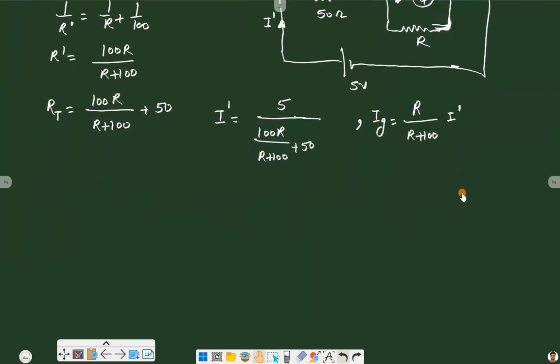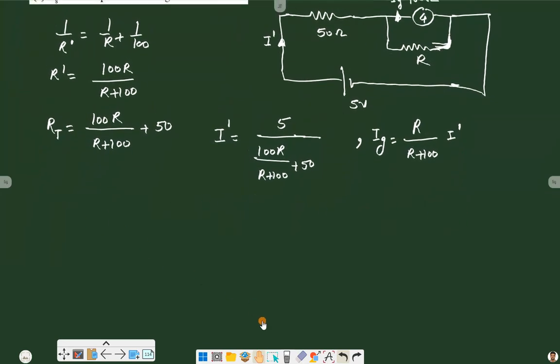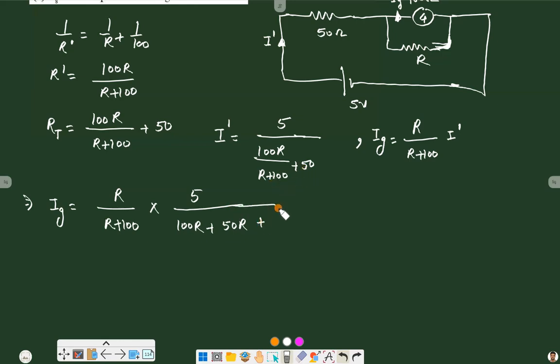So Ig is equal to R over (R plus 100) multiplied by this value, 5. Here we have to take LCM, so 100R plus 50R plus 5000, divided by (R plus 100).